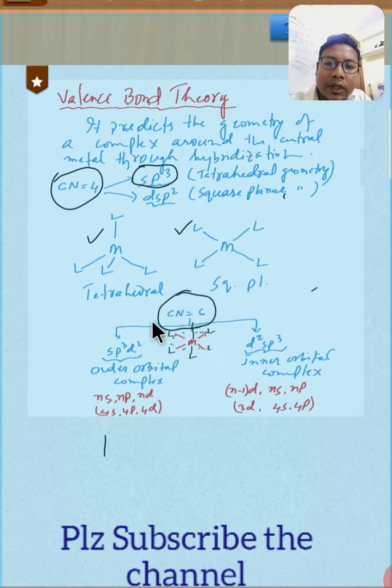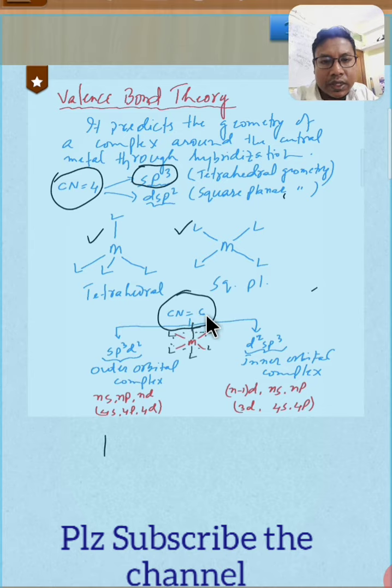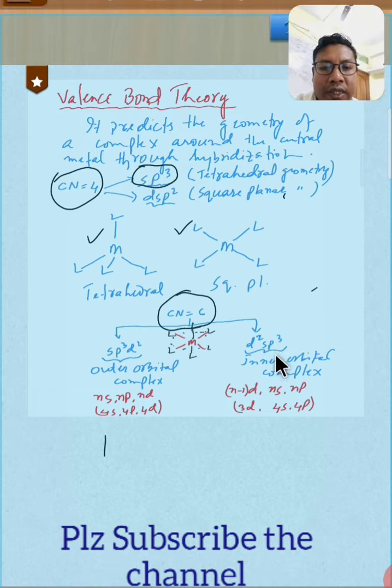And another coordination number that we are going to deal with in this video is coordination number 6. In coordination number 6, two types of hybridization will be there: sp3d2 and d2sp3. One has d written after sp3 and another has d written before the sp3.